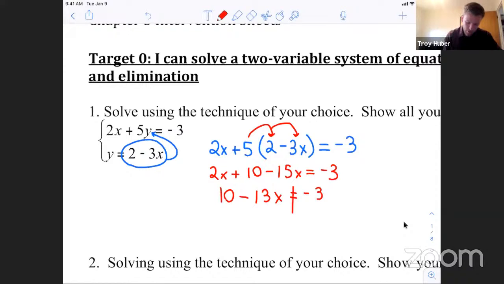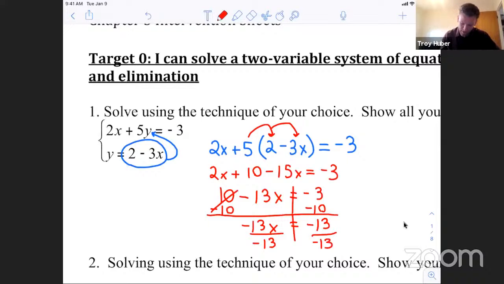I'm going to subtract 10 on both sides so that I get negative 13x is equal to negative 13. And last but not least, let's divide each side by negative 13, and I should get x is equal to a positive 1. However, we're not done quite yet.